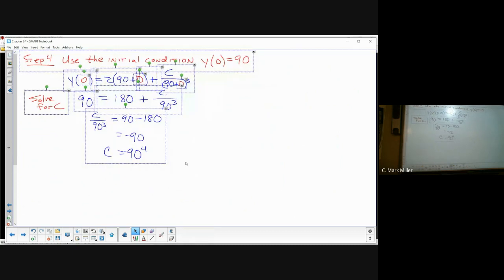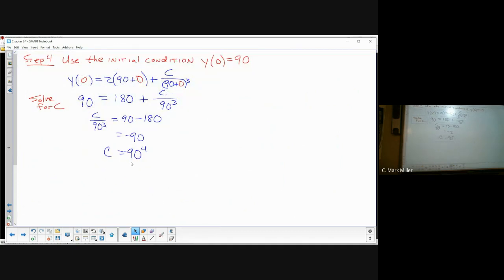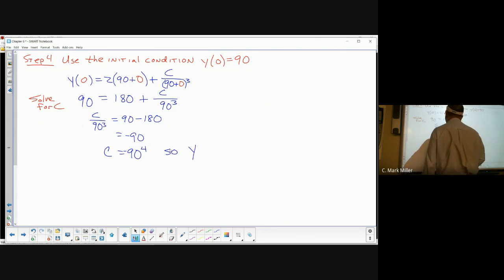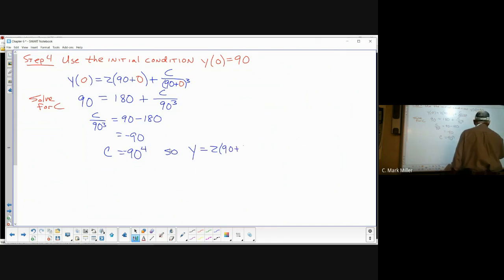Step 4. So that is C is minus 90 to the 4th. So our differential equation, y equals, it's going to be 2 times 90 plus t, plus negative 90 to the 4th divided by 90 plus t cubed.